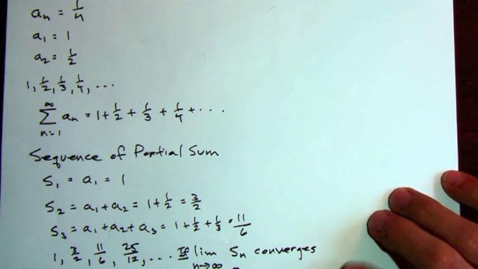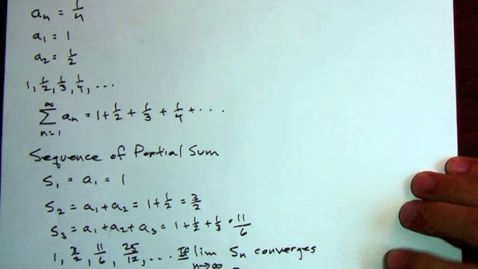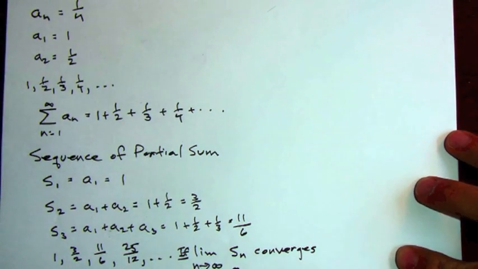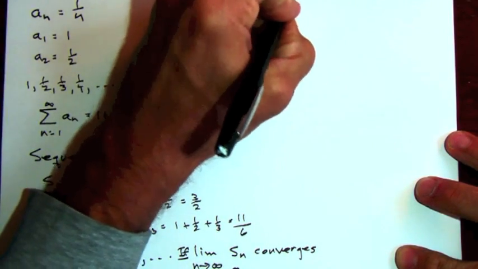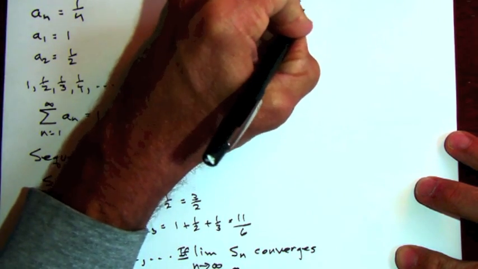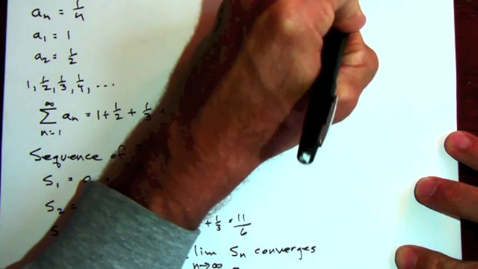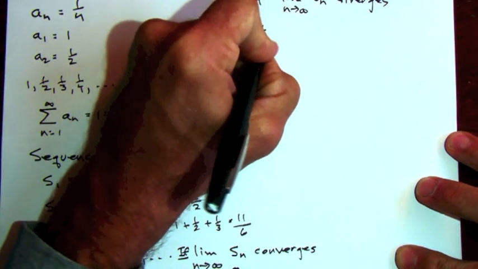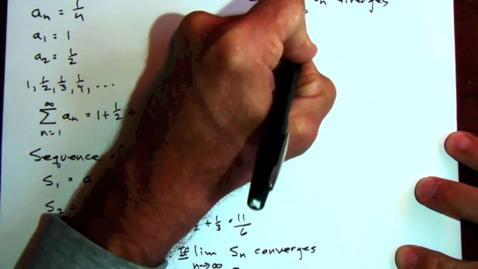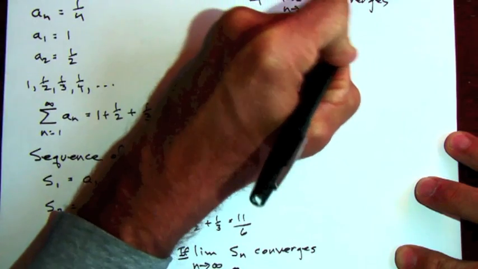Okay, then likewise, if this limit of partial sums diverges, then so does the infinite series.